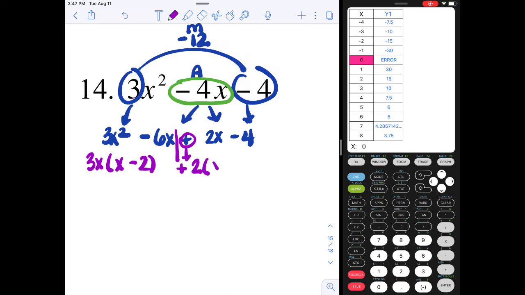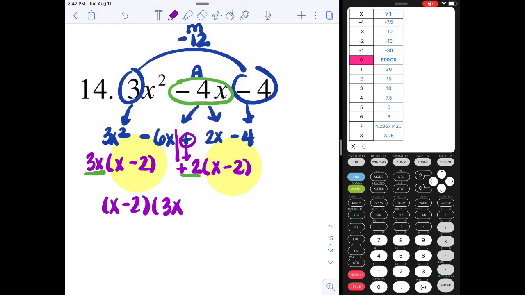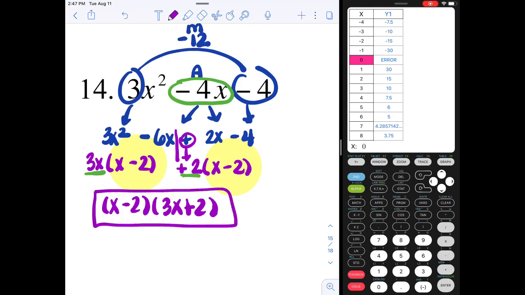A 2. And what am I left over with? x minus 2. So once again, you should recognize the same parentheses in each half of your expression. You're now going to factor out that x minus 2, take whatever is left over, and that goes in its own parentheses. So 3x plus 2 goes in its own parentheses, and that is your final factored version for number 14.